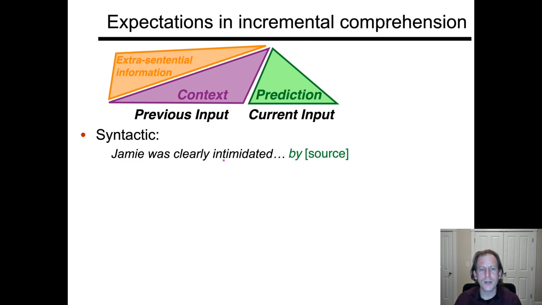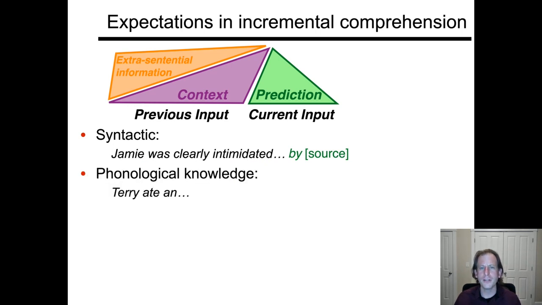And that's interesting because overall, the most common thing that would happen after the word intimidated is not going to be the word by, it's going to be who's getting intimidated. But because of the syntactic context that it's in the passive voice, we have this prediction for a by phrase, and in particular, the reason for the intimidation. So there's this rich interplay of syntax and semantics. The semantics of what it means to intimidate, and the syntax of the kind of structure that you're in before it.